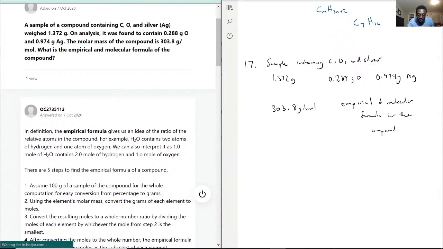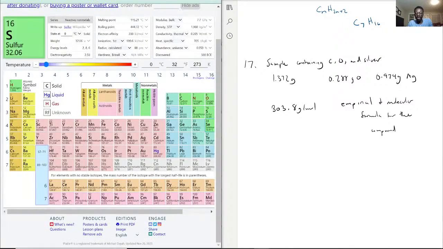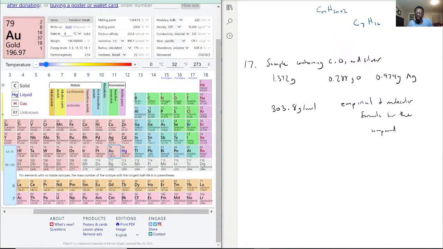Okay, so a lot of information here. The way we solve this is that we want to figure out ratios, and you're probably thinking, oh, ratios of the grams. No, you want the ratios of the moles. You're so far only given two pieces, but because you're given two, you can tell how many grams of carbon there'll be.